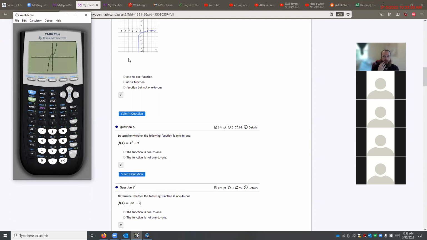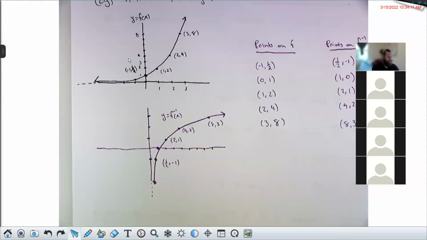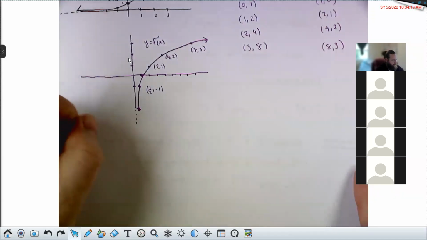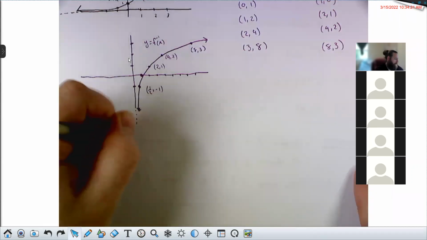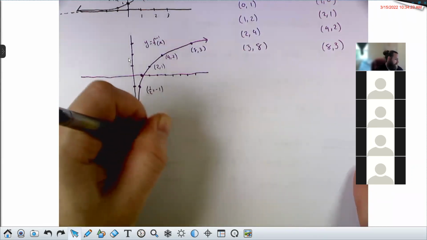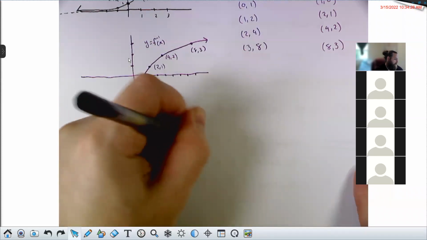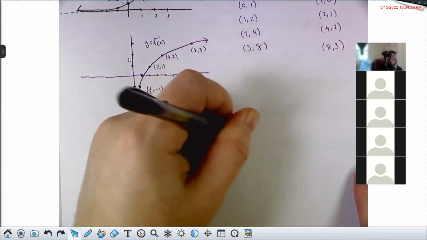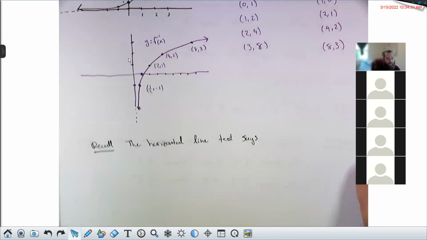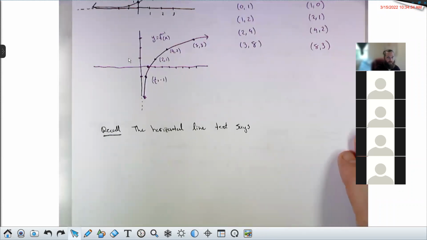Who remembers what the horizontal line test says? Anybody remember that from the Friday before break?